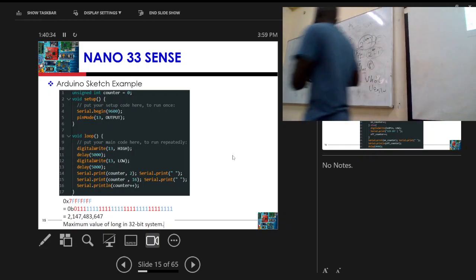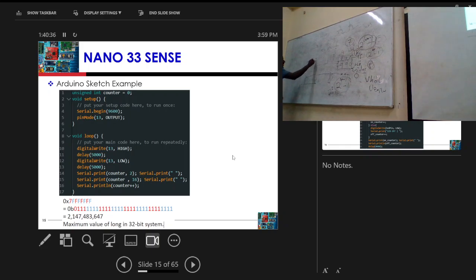Space. We print the counter value, then a space. You have seen something in the quotes with nothing in it. That's a space.